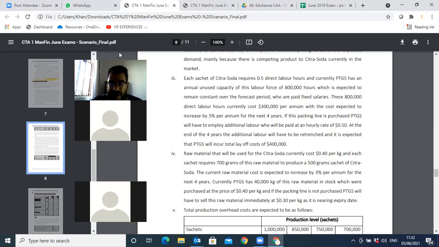If the packing line is purchased, PTG will have to employ additional labor who will be paid an annual hourly rate of 50 cents. At the end of the 4 years, the additional labor hours will be retrenched. Okay, so I guess we will have to work out the additional labor.